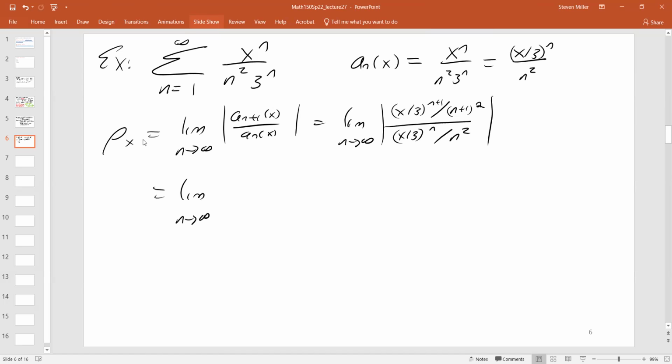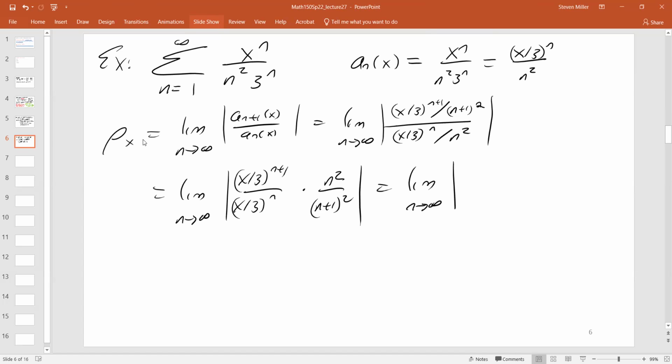So we have x thirds to the n plus 1 over x thirds to the n. And then we'll have n squared over n plus 1 squared. So what is the x thirds to the n plus 1 over x thirds to the n? What does that become?